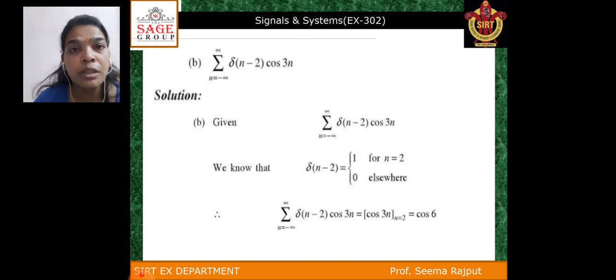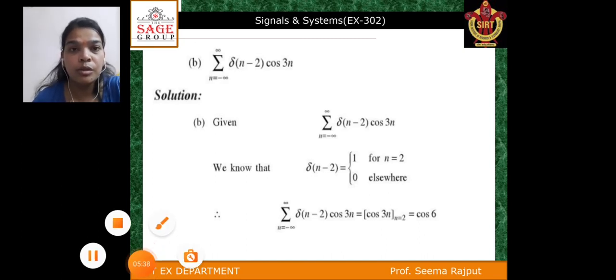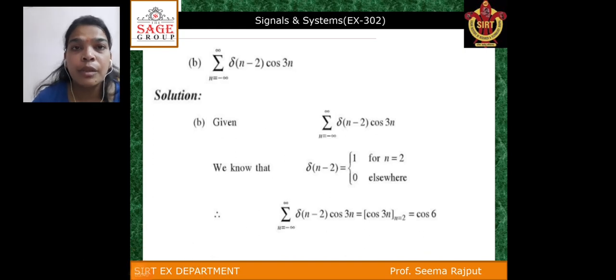So the value of cos 3n is cos 6, since 3 multiplied by 2 is 6. So the answer is cos 6. Are you all clear, or do you have any problem?